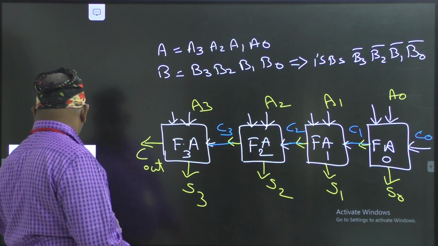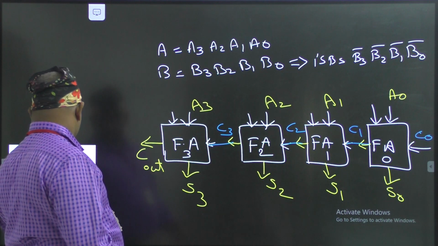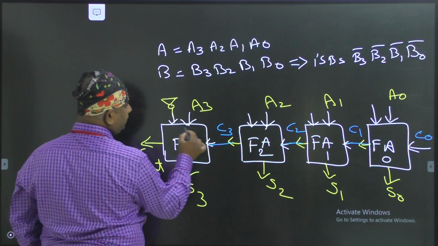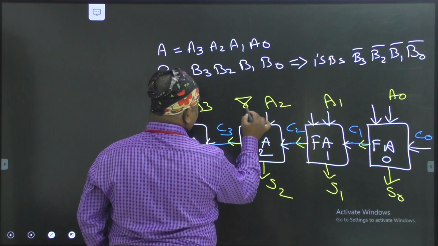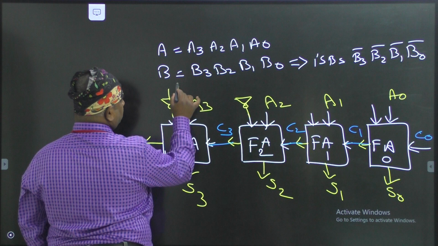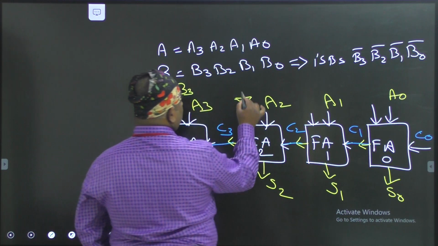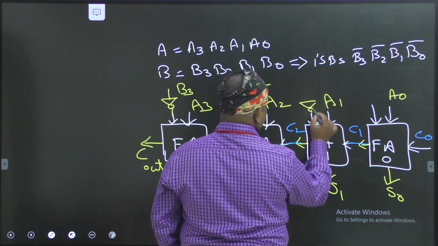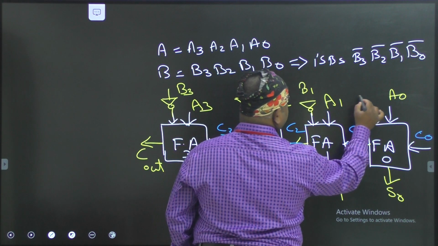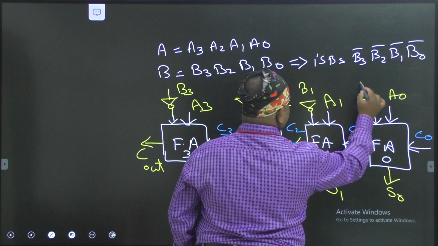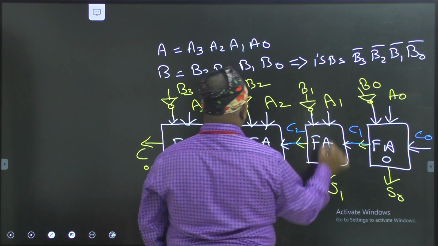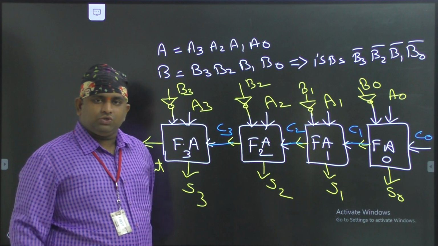So for that I am taking an inverter here. This is B3, this is B2, this is B1, this is B0.